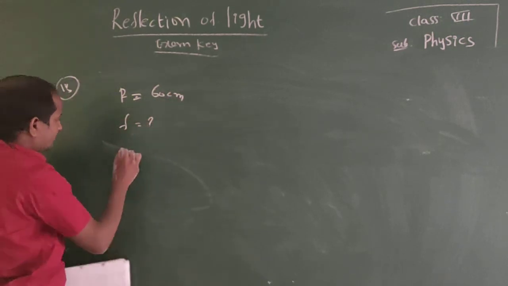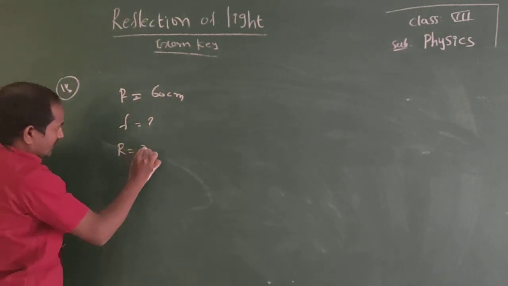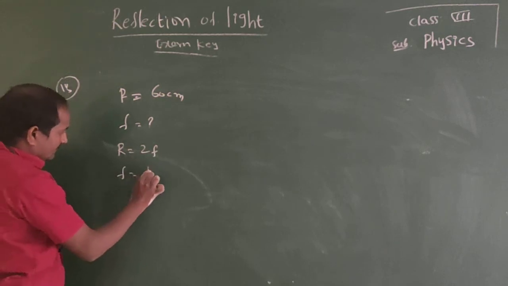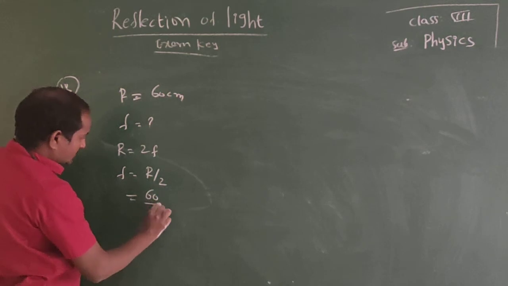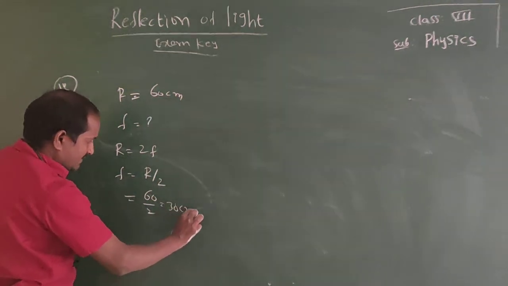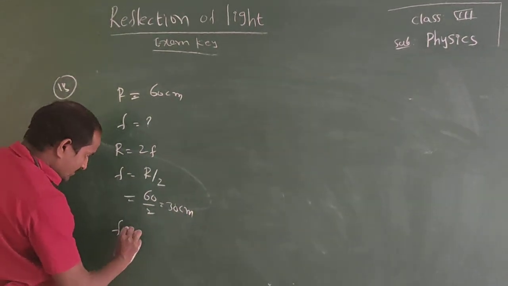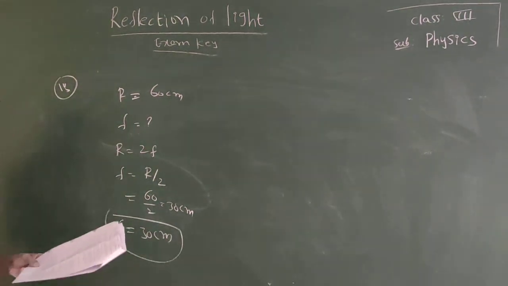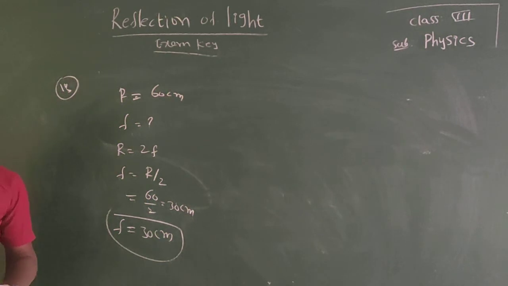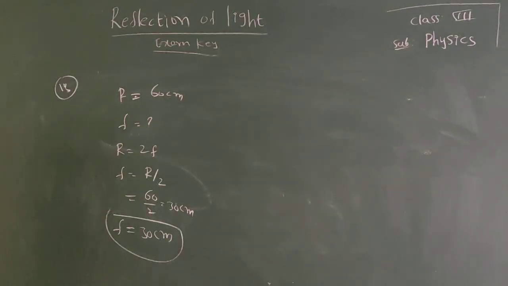Then f equal to r by 2, that is 60 by 2, 30 centimeters. So the focal length equal to 30 centimeters.